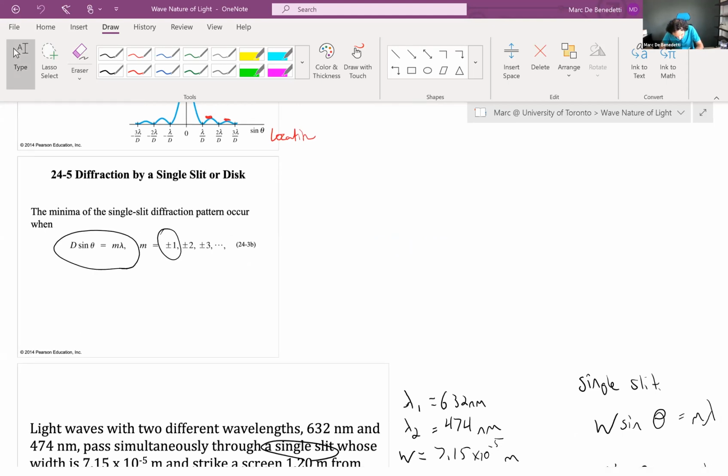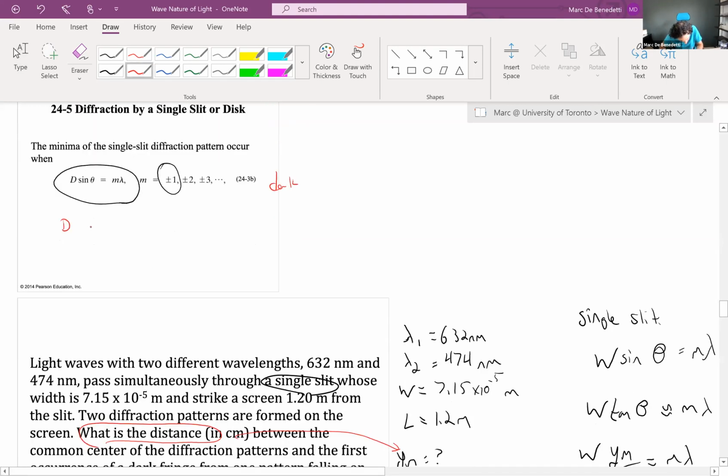This is for the dark spot, and the bright spot is the same as the dark spot for the double slit. So it's similar, but a little bit different. Here, if we wanted to sharpen it, don't forget we would say d ym over L equals m lambda. We would swap out the sine theta with ym over L.